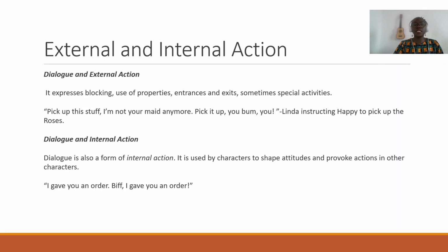All of these things are expressed through dialogue, and it helps us to understand what is happening on stage. In Death of a Salesman, for instance, when Biff and Happy leave Willie Loman alone at the restaurant and later come home, and Happy gives their mother, Linda, some roses.